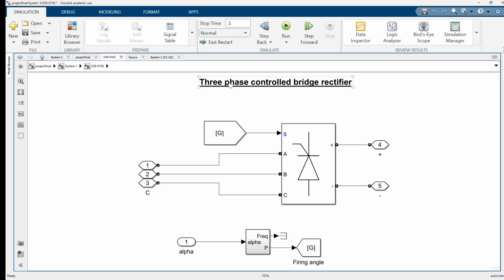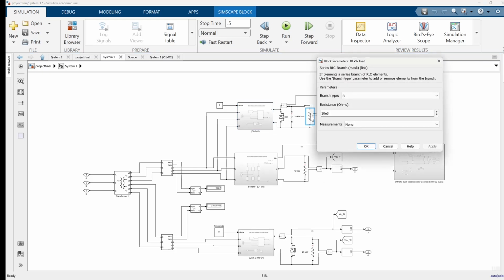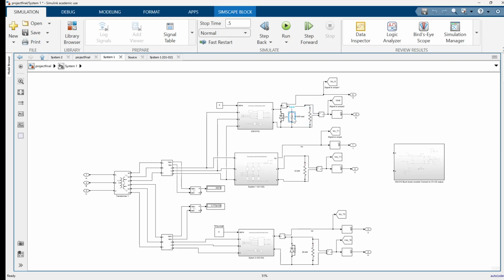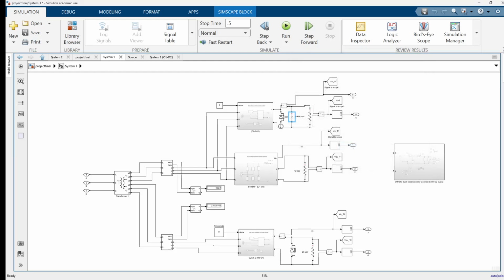If you are using the three-phase control bridge rectifier, then you can connect it in parallel to the system 1 of the transformer winding 1, transformer 1's winding 1, and you have a 10 kilowatt load connected, and you are using a capacitor of 180 e to the power minus 6 farad, and a freewheeling diode is used.